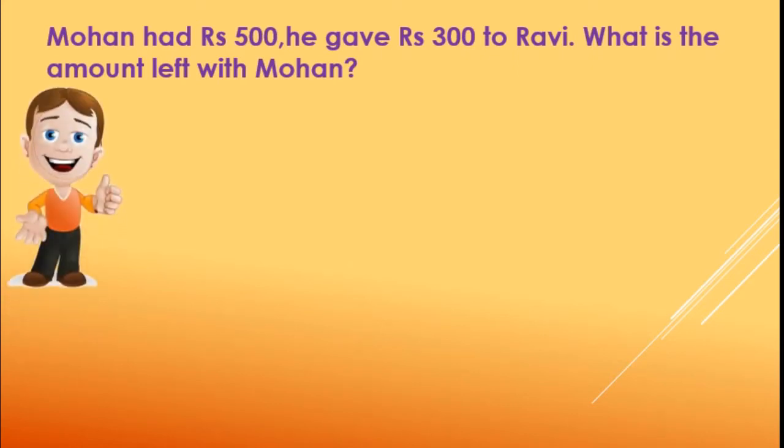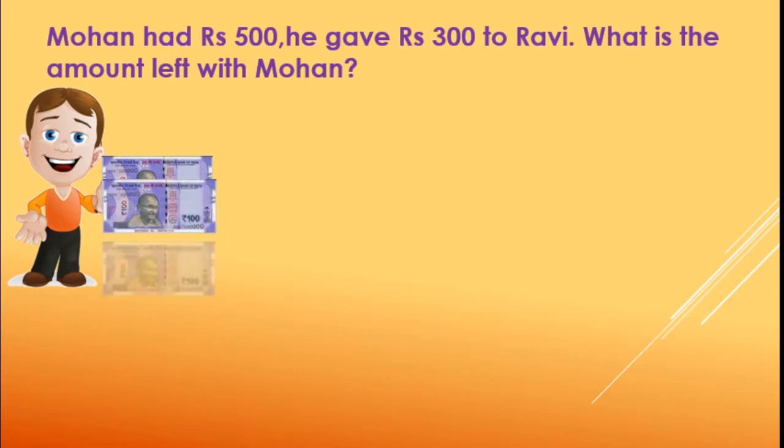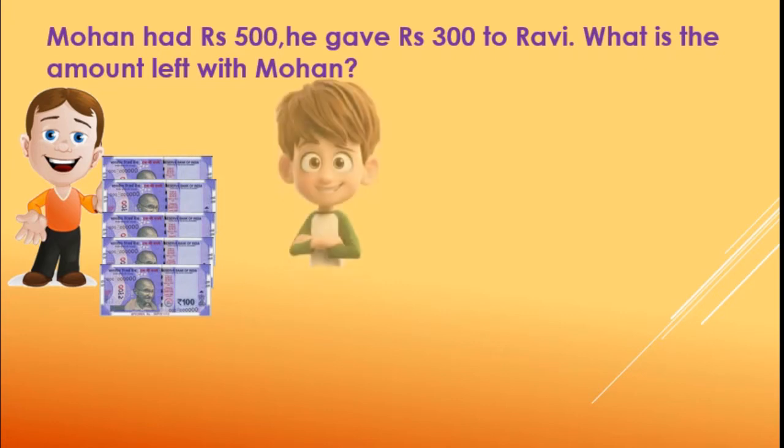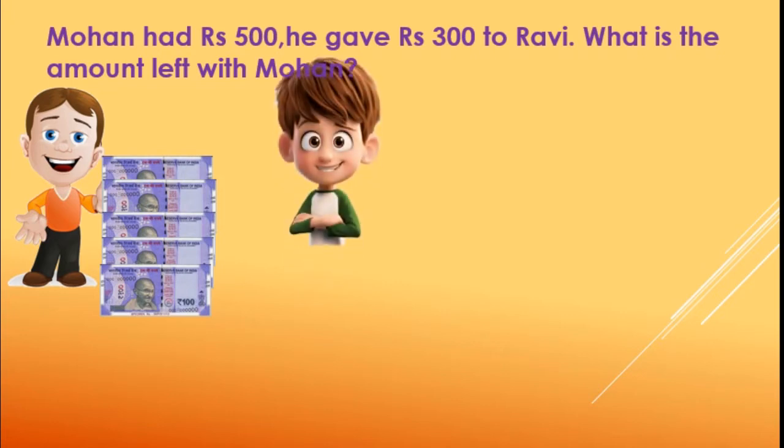We will start. This one is Mohan and he has 500 rupees. This is 100, 200, 300, 400 and 500. Correct? Now 100 rupees 5 notes is nothing but 500 rupees. Now this one is Ravi.